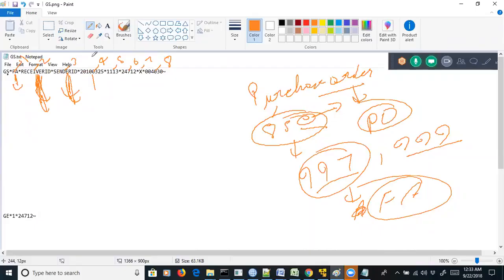But suppose your company does not have separate departments, you have only one department, or your company may have separate departments, but all files or all transactions go to one SAP system. In that case, you do not have separation. So it's very likely that you will have the same sender and receiver ID in the ISA and the GS. So it's okay.